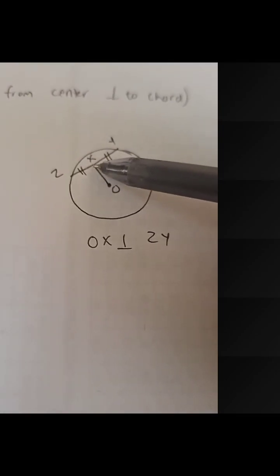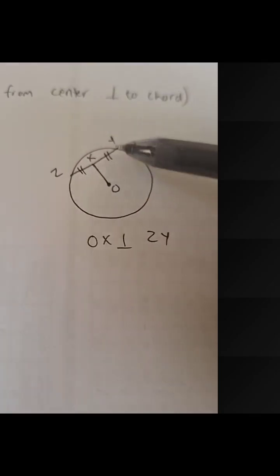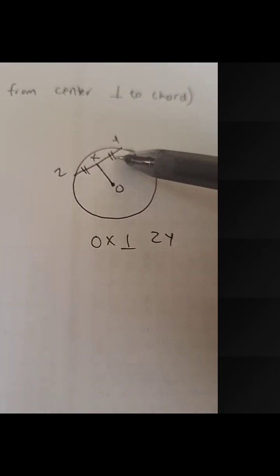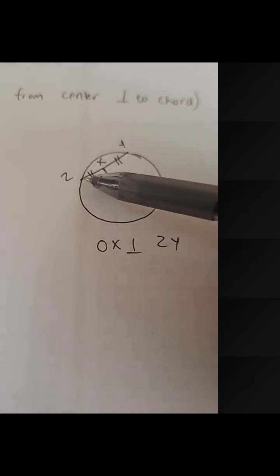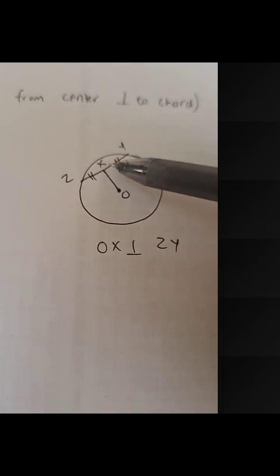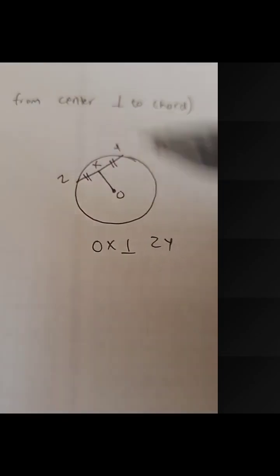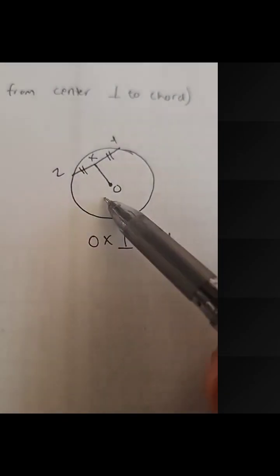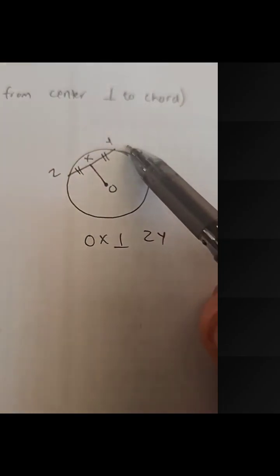How do you know this is the midpoint? It's because you can see that ZX is equal to XY. You can see that by these lines. Two lines here indicate equality of XZ and XY. That's something that's given to you. So you can then conclude and say OX is perpendicular to ZY.